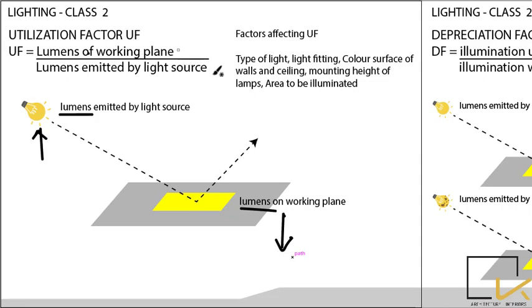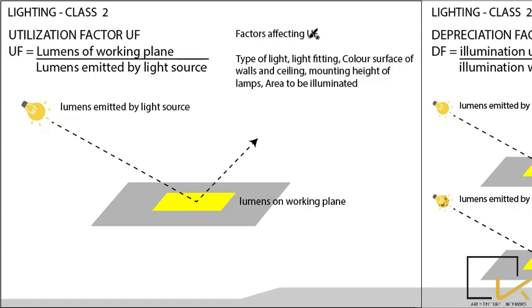Now lumens on working plane is generally a smaller value and lumens emitted by light source is generally a bigger value. So in most of the cases UF value is smaller than 1, because the denominator is greater than the numerator.